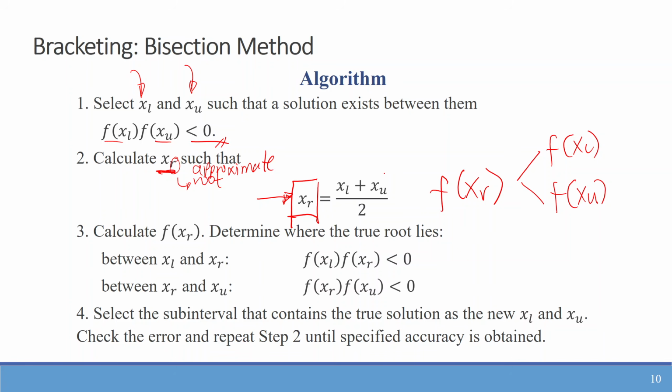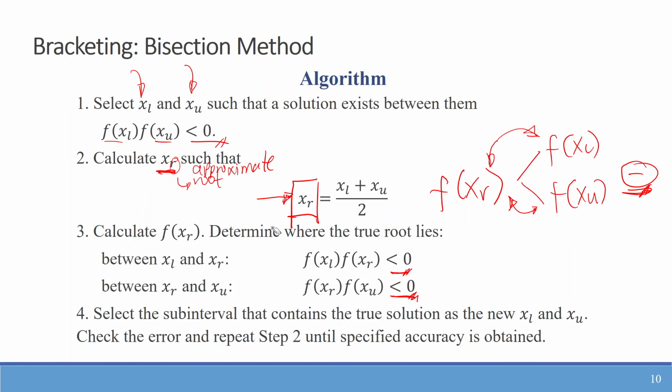So the same as what we do in the first step, we're going to compare the function of that approximated root with the functions of the other guesses. And the pair which will give us a negative value, or less than 0, will be our new interval.